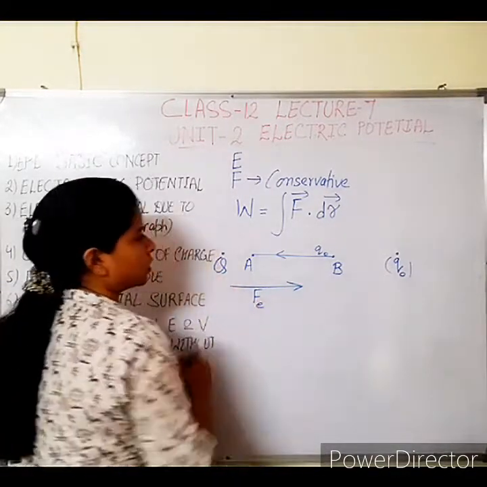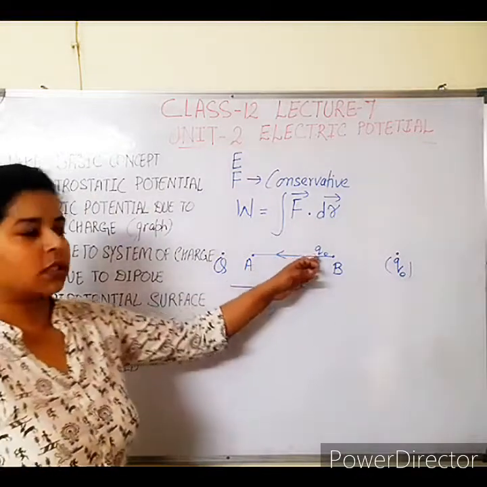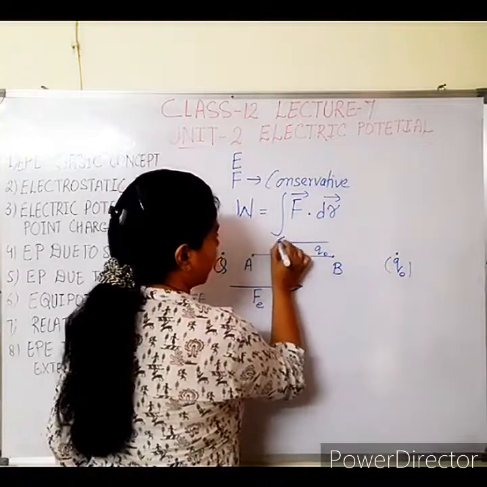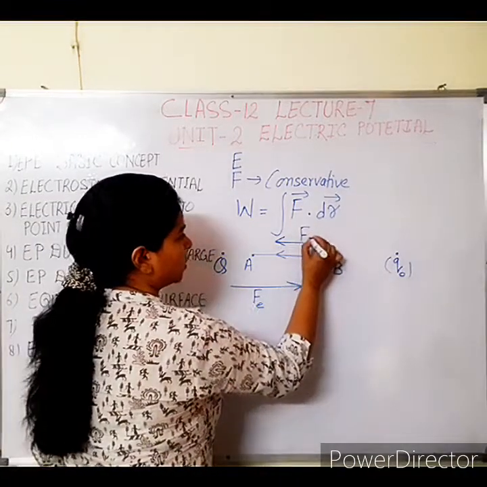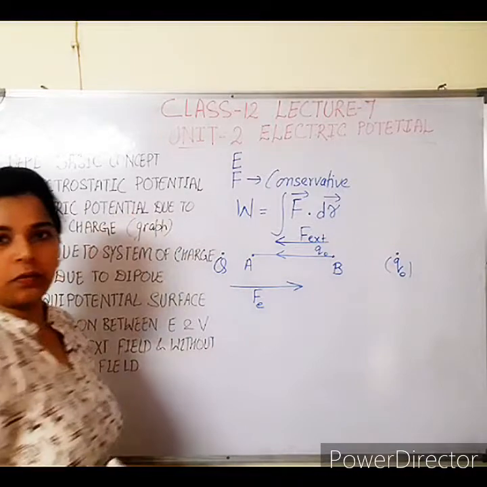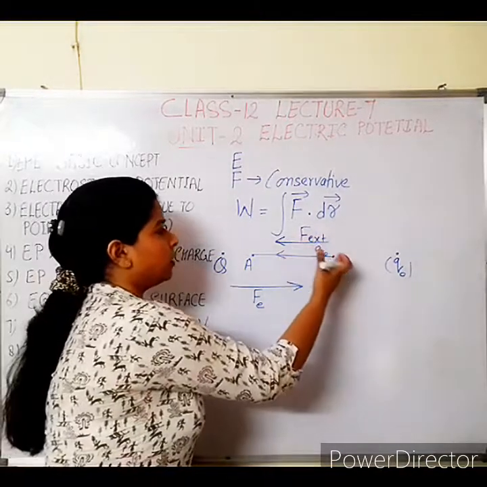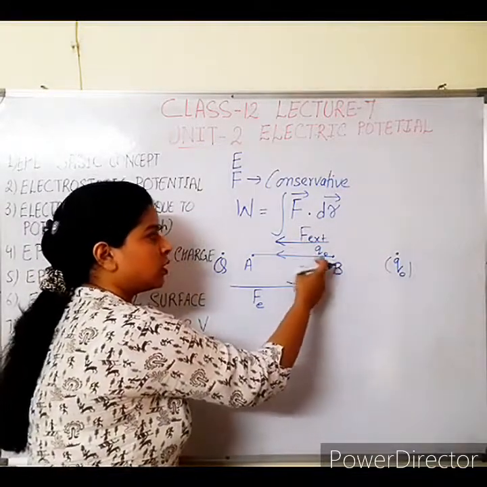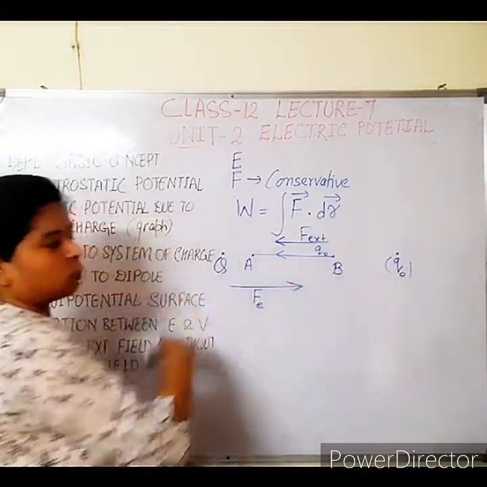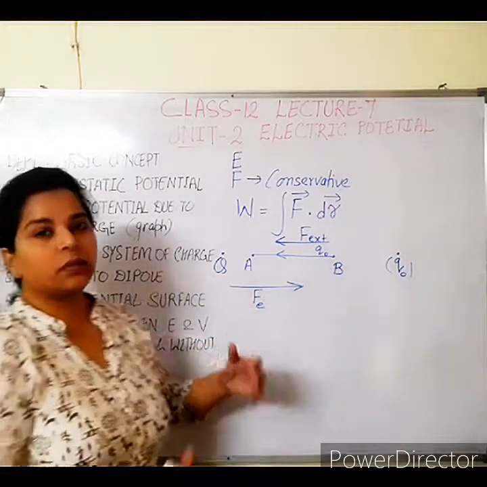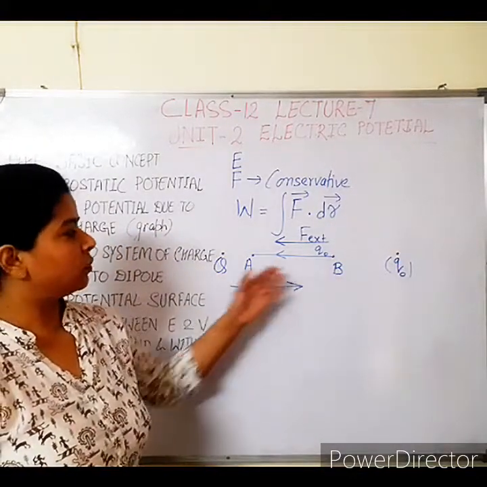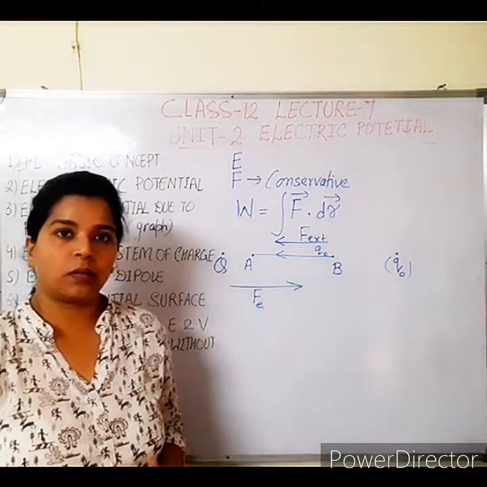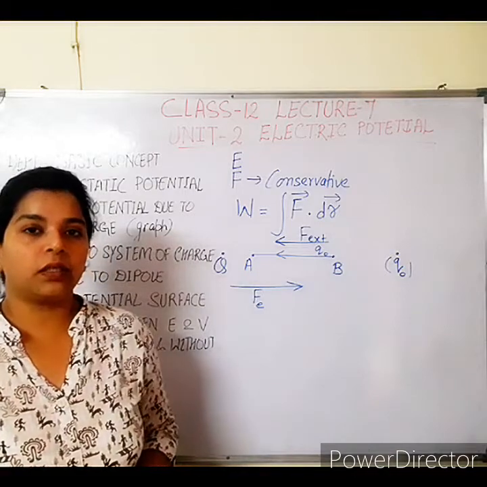Here this is the electrical force which is applied over this test charge by the source charge, and we are applying force, that means an external agent is applying force. F ext means external force. So the external agent is applying force against the electrical force, so that this test charge may move from point B to point A. So we are doing some work to bring this charge from B to A. You know that there are 2 kinds of work: work done on the body and work done by the body.